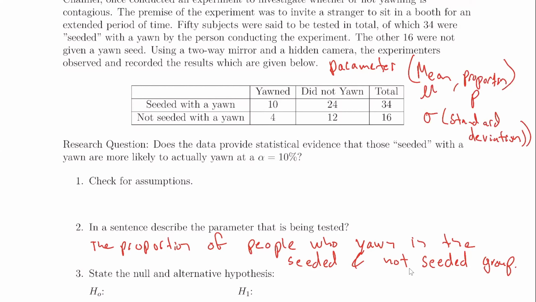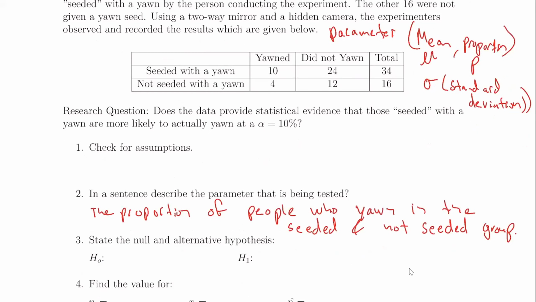Anytime I ask you in a sentence to describe the parameter being tested, if you don't see the word proportion, mean, or standard deviation, there's a good chance it might be considered wrong, because in order to be a parameter, it has to be one of those three. Somewhere in that sentence it should say something like the parameter of proportion, the parameter of the mean, or the parameter of standard deviation.